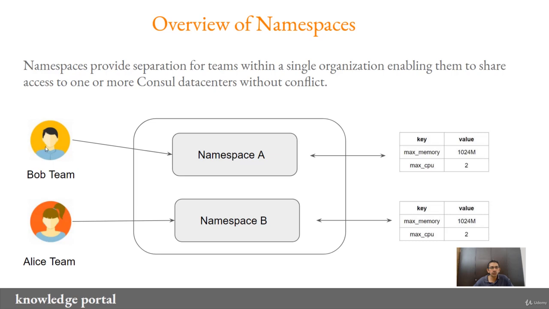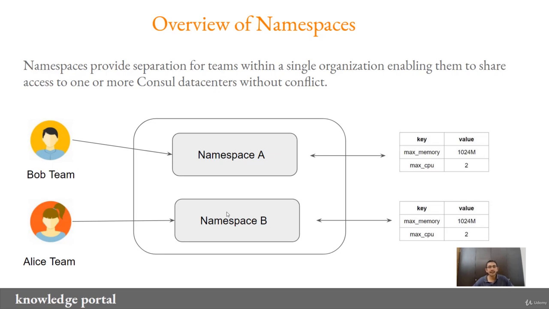You give Bob team access to namespace A, and you give Alice team access to namespace B. Since they are separated, Alice team will be able to create a key with the exact same name as what Bob is creating, but within their own namespace. This is an important part to remember.